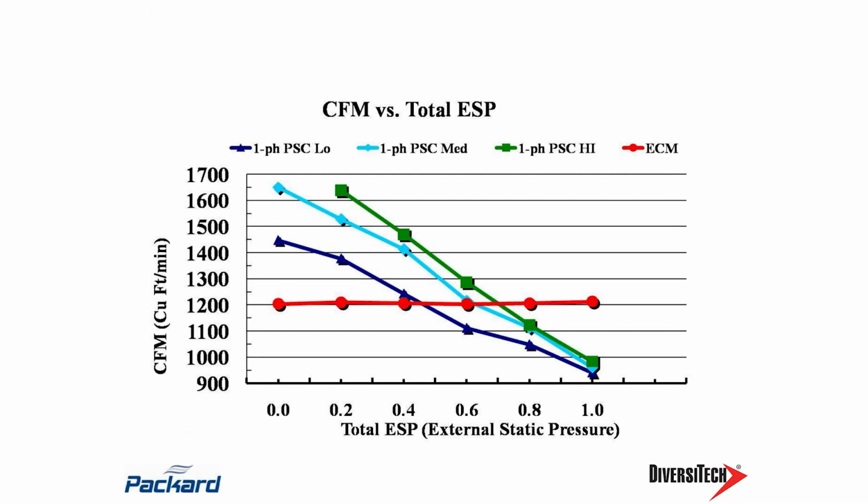Now, when we look at this, this is showing on that red line, and you probably saw in Chris's presentation, a constant airflow. And it's comparing the air of a constant airflow equipped blower.